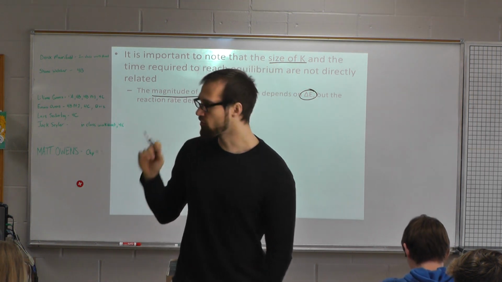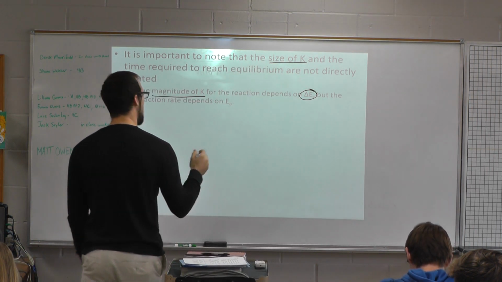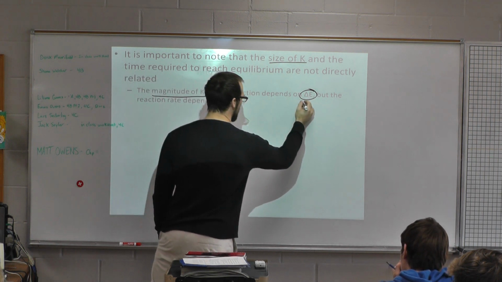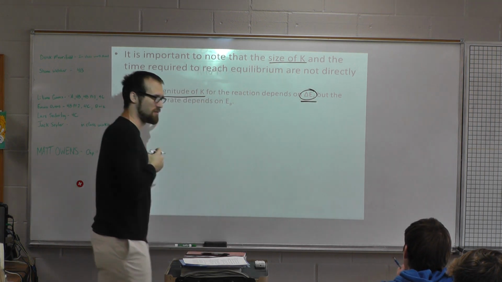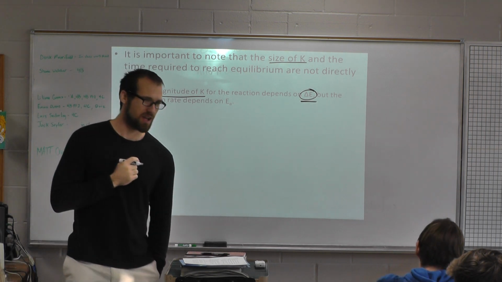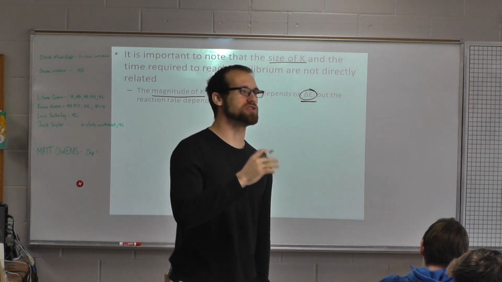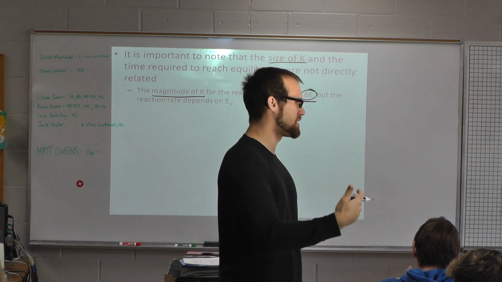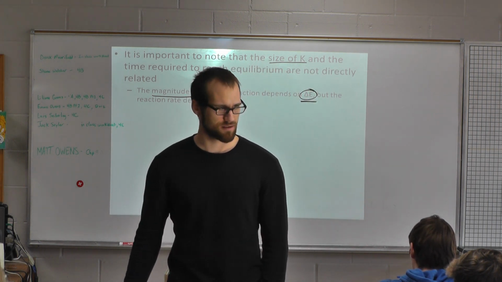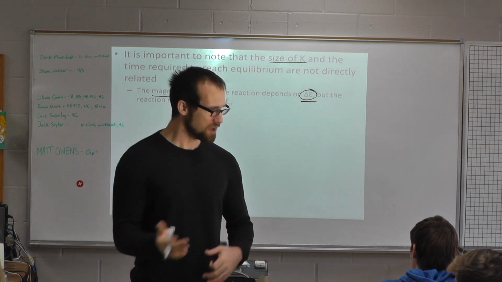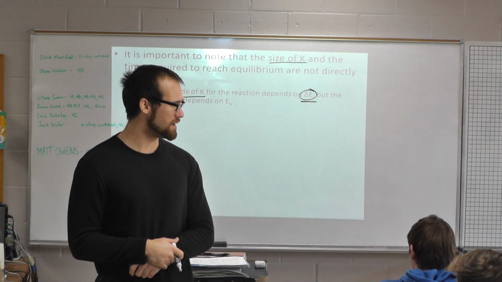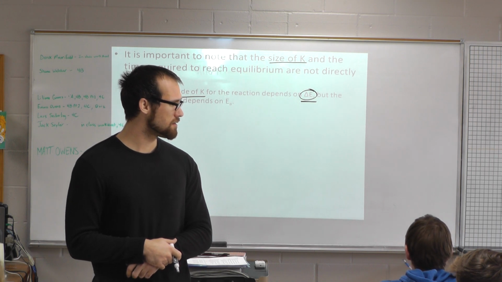So, a quick little reminder that our K value is going to be primarily, not only, but primarily determined by the energy difference, exo versus endo. Because we know things react to become what? Stable. The more stable it is, the further it's probably going to progress to the products. That make sense?